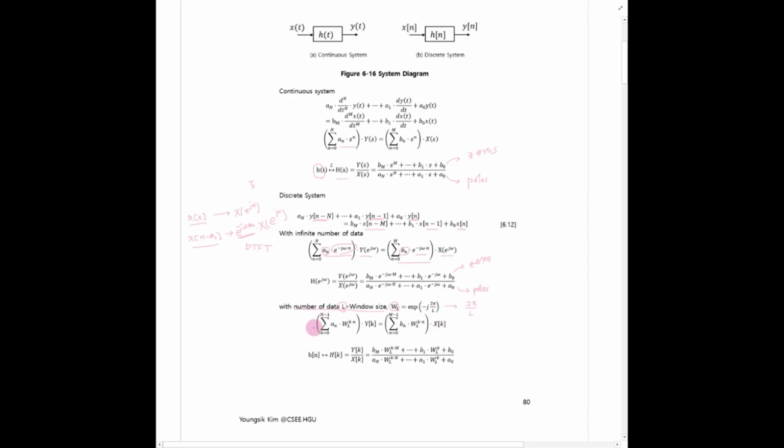In the case of the DTFT, we have only a limited window size, that's this one. Y[k] is the DTFT of y[n], and this one is the DTFT of x[n], and this one expresses the time delay factor.